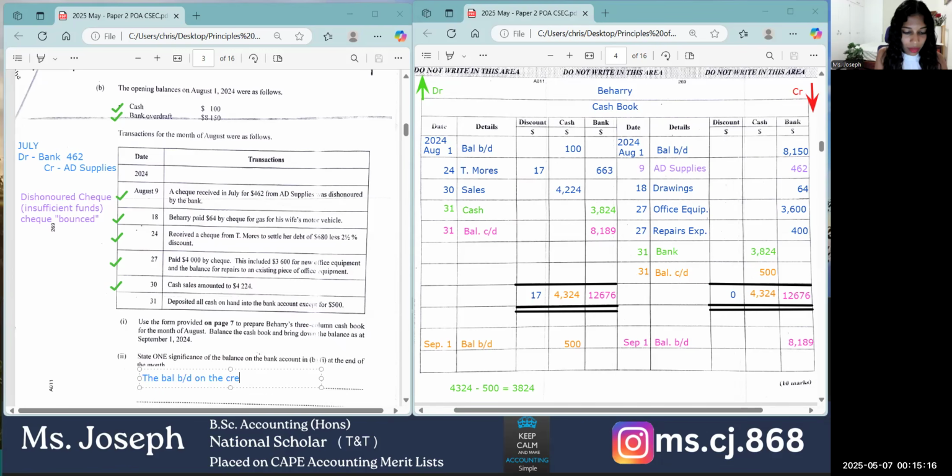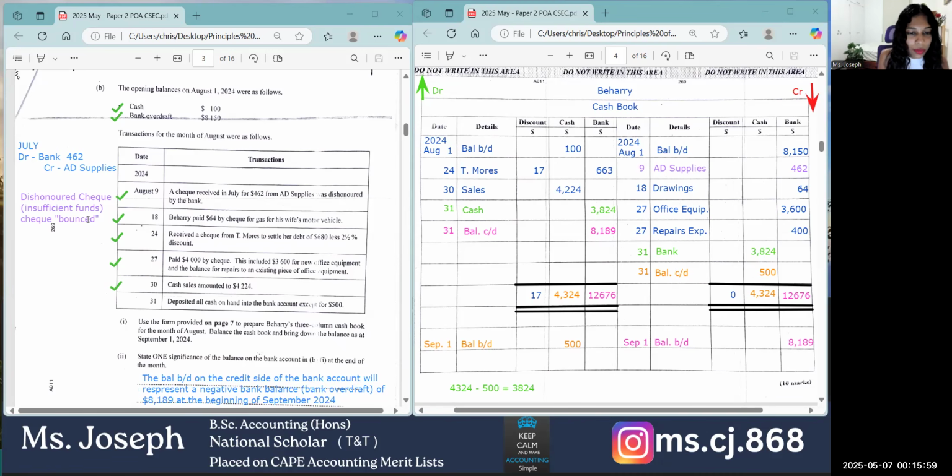The balance brought down on the credit side of the bank account will represent a negative bank balance, a bank overdraft of, and I'm going to be specific, $8,189 at the beginning of September 2024, right?